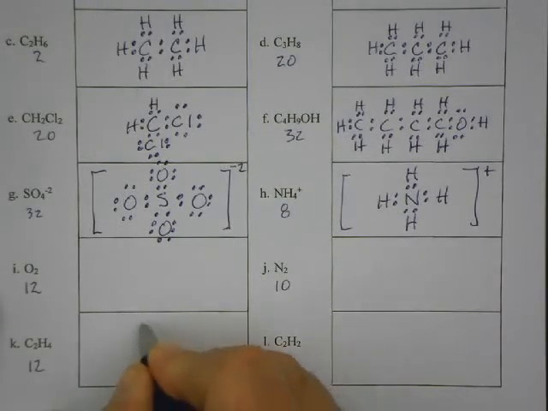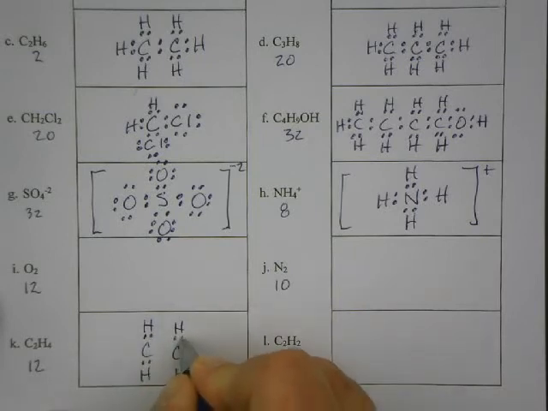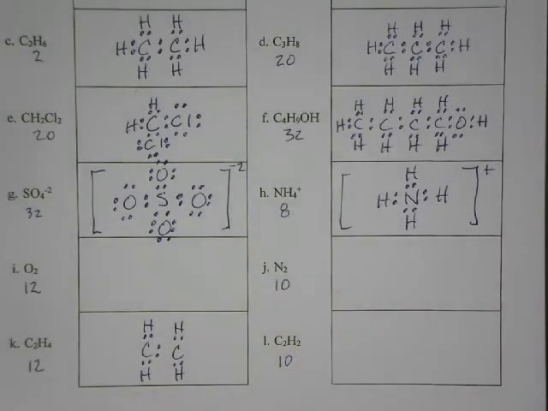K, 2 carbons in the middle. 4 hydrogens. Put in my bonds. Note I'm already at 10. 2, 4, 6, 8, 10. I only have 12. I only have 2 dots left.